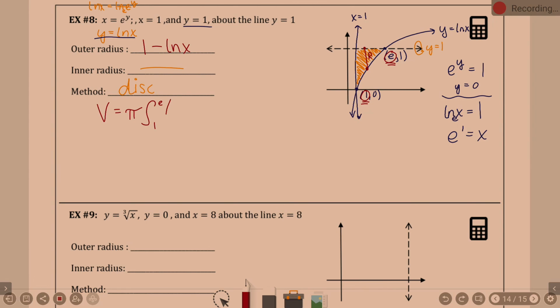With disk method we just say r squared, not big R squared minus little r squared, so it's just 1 minus natural log of x, quantity squared, dx. Then you punch it in your calculator, and I have the rounded answer of 1.372.